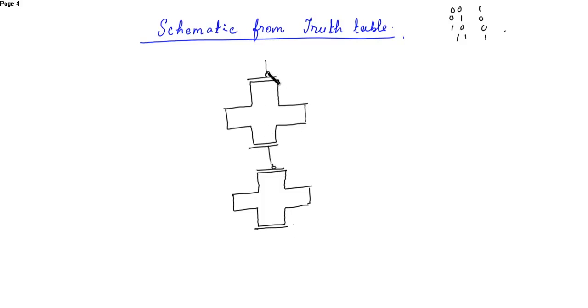Okay, this is input 1, input 2, combine and you'll get output Y. So we give the input as B bar. This is your A, this is A, this is A bar.